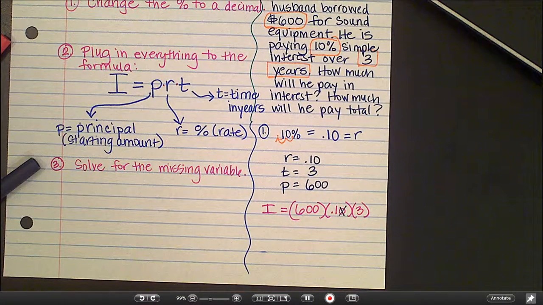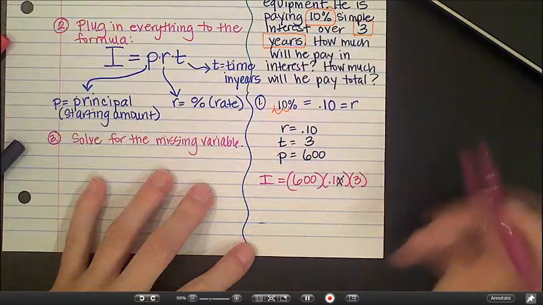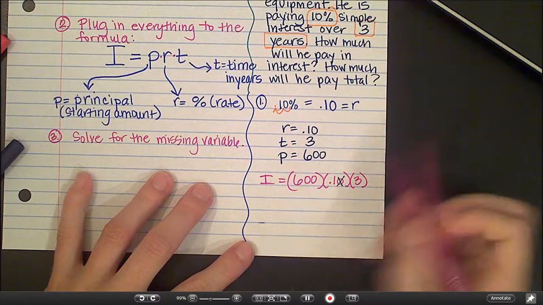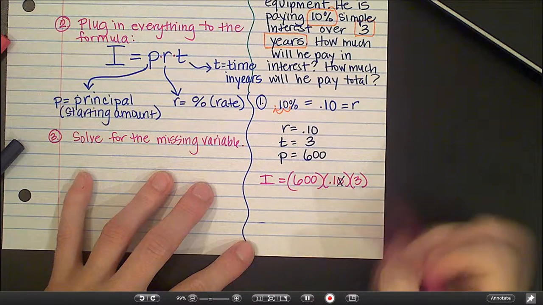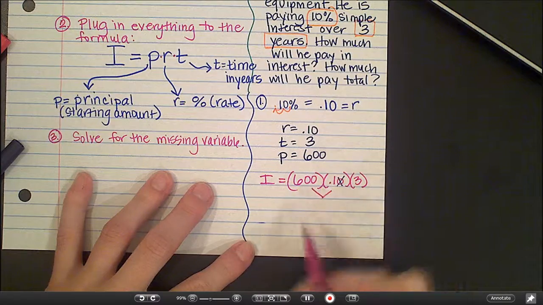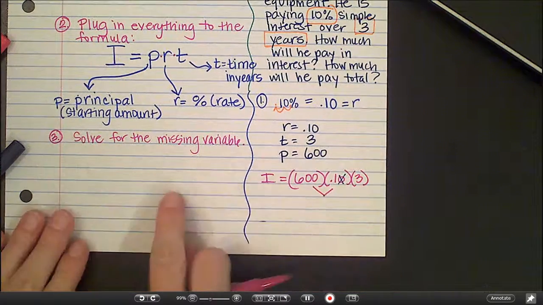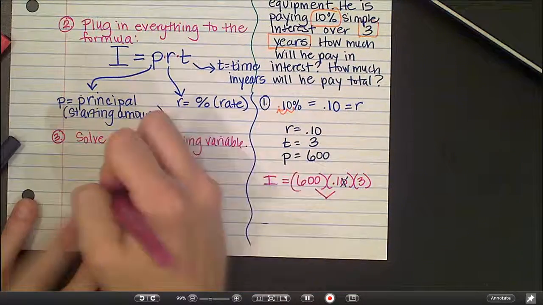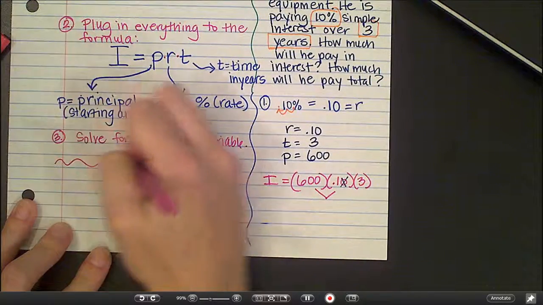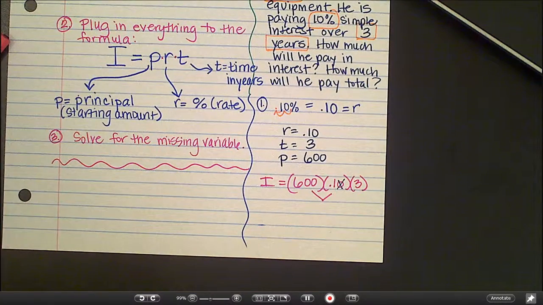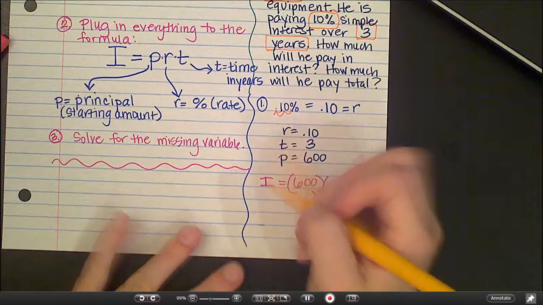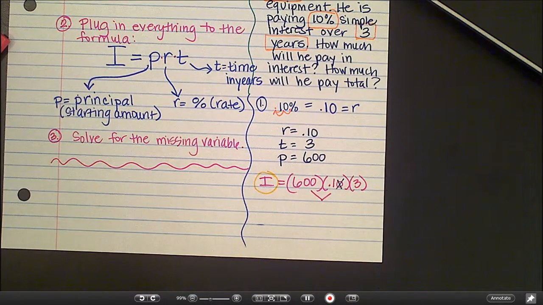Now all we have to do is multiply. So let's go ahead and do this one at a time. It doesn't really matter which one we do, so we can just do these first. So 600, I'm going to go over here to do my work. The missing variable that we're missing is this I right here.